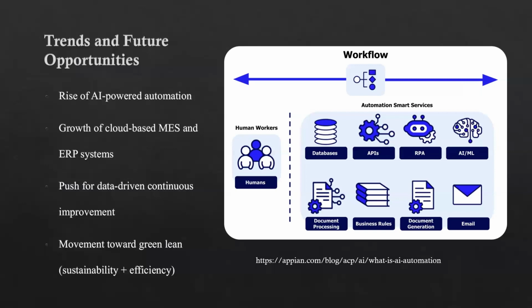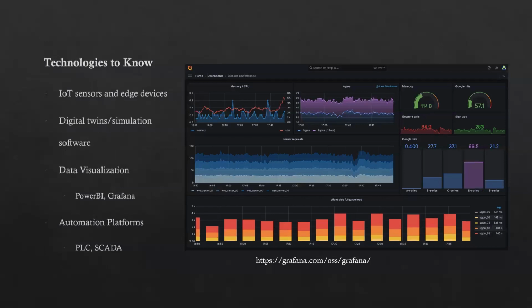And not only do we need to focus on efficiency, but we need to look at green, lean, sustainable, and efficient processes. Some technologies to know: like I said before, with this project that I was working on for this consulting firm, I used IoT sensors and edge devices to use Grafana, as seen to the right, which is a really, really helpful open-source data visualization software, so it's free.